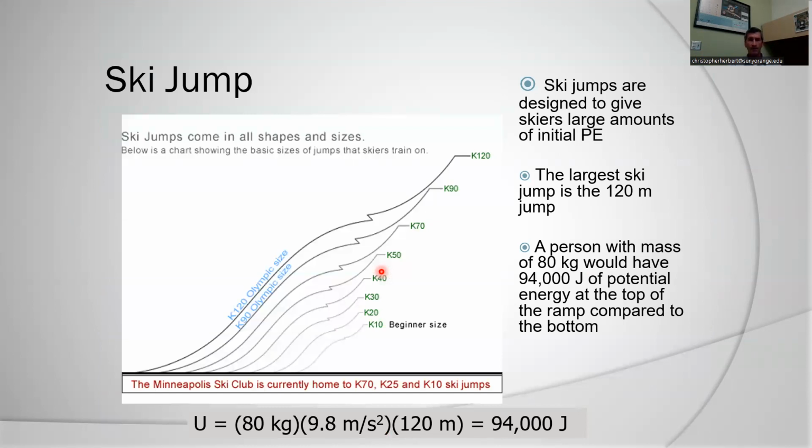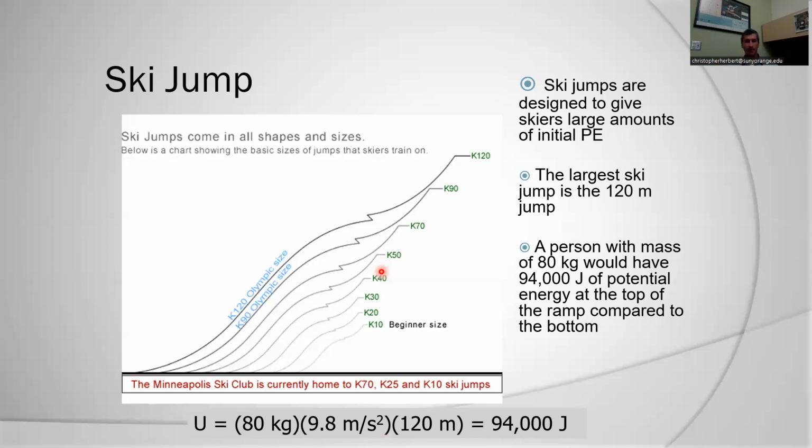Now, for Olympic size, to my knowledge, they come in either 90 meters up or 120 meters up. So if you calculate the amount of potential energy at the top of the ski jump, you can get quite a large number here.